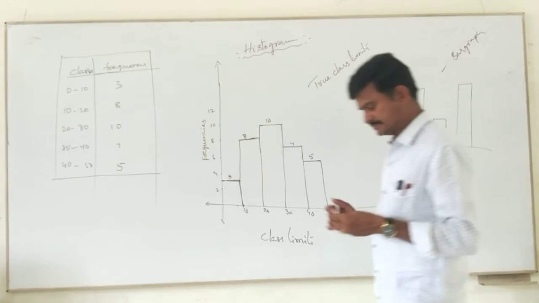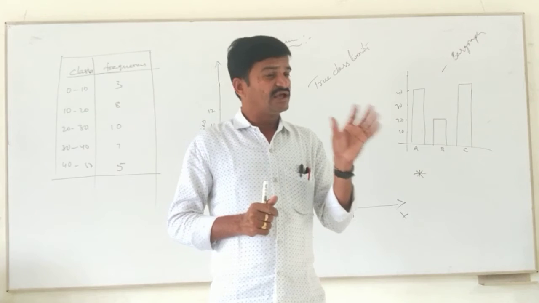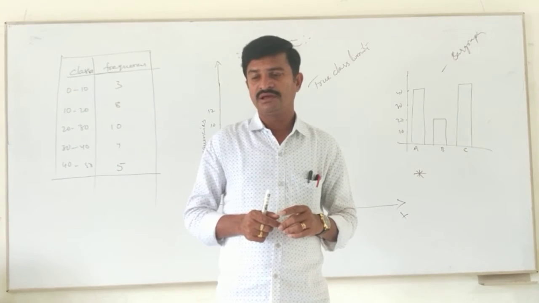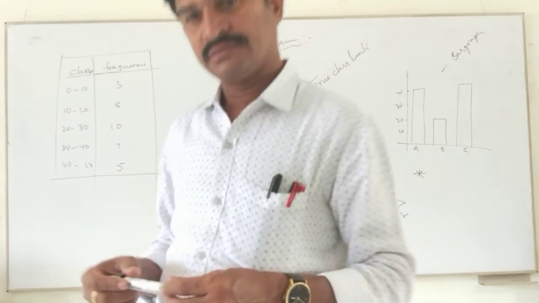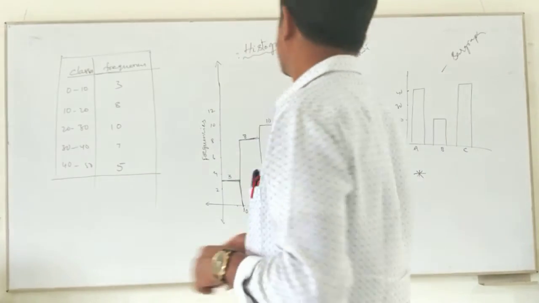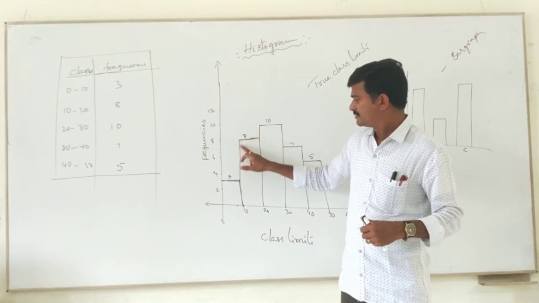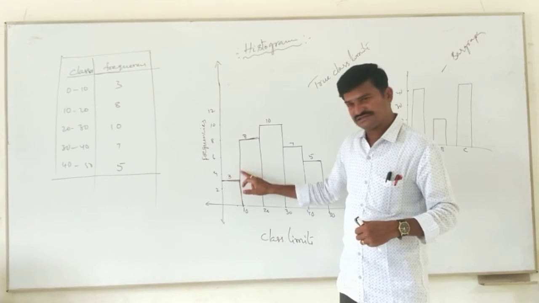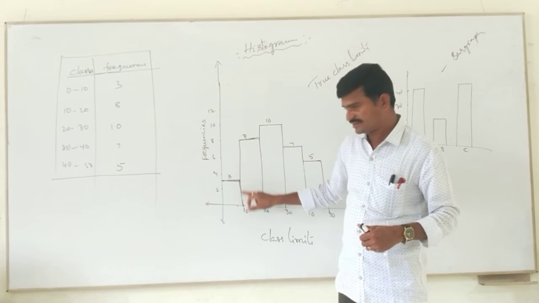Second point. In a histogram, the length of the bar. Length means this is, okay, in this bar, this is the length.